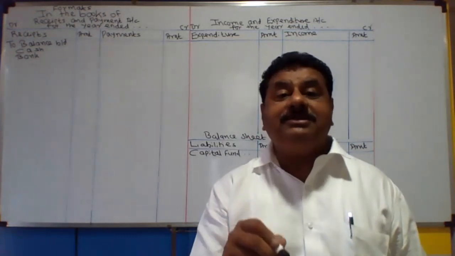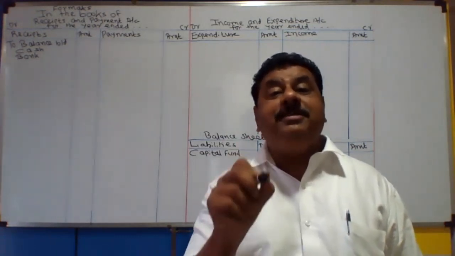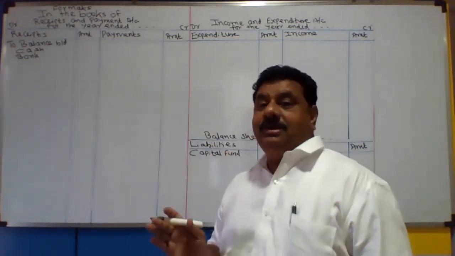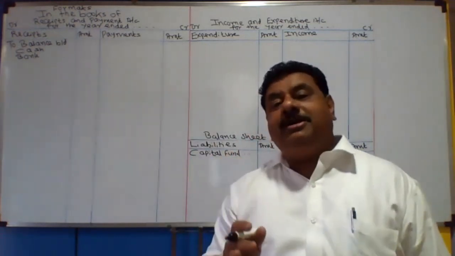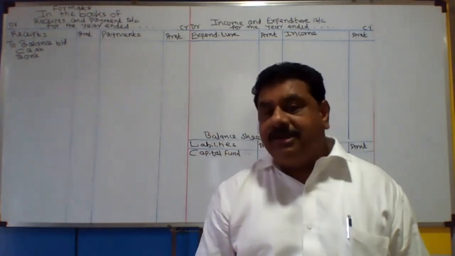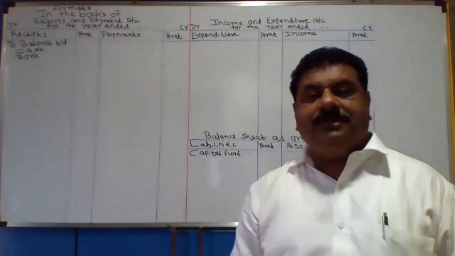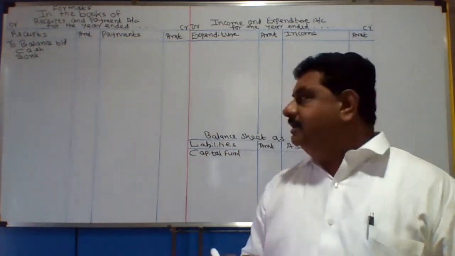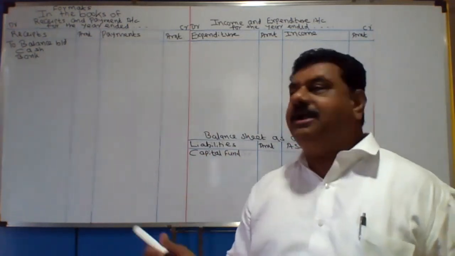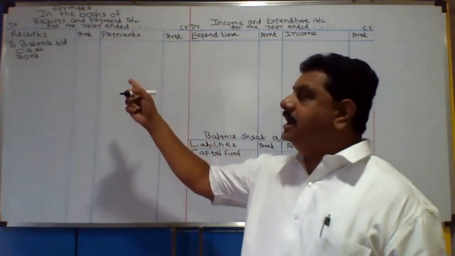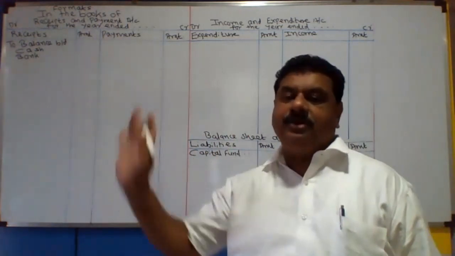Because last year balance sheet is required if capital fund amount is not given to you. म्हणजे तुम्हाला कॅपिटल फंडची अमाऊंटच दिलेली नसेल तर तुम्हाला लास्ट इयरचं बॅलन्स शीट करावंच लागेल. Okay, you need to prepare that. Here we are doing the assumption that capital fund is given to you and opening balance of cash and bank is recorded there only.